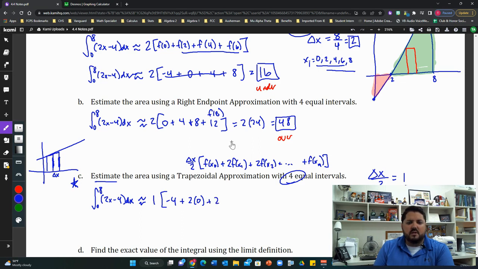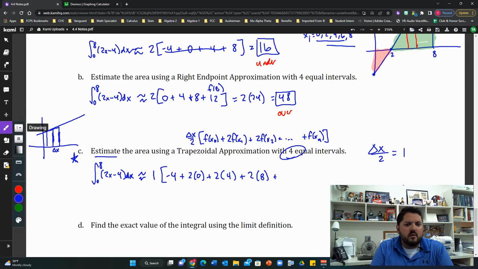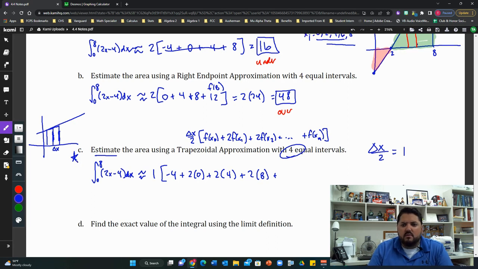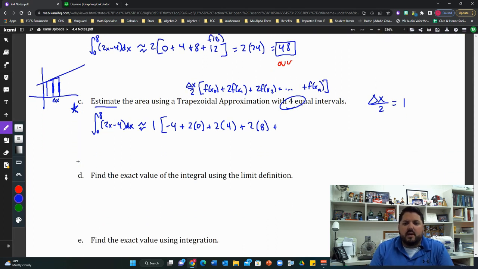Then 2 times the next height, which was 4. And then 2 times the next one, which was 8. And then for the last one, let me scroll up a little bit. Then we will take our last height, which was 12, and add that on. So again, it's just the interior ones that get doubled. All the end values only got used once for one trapezoid.